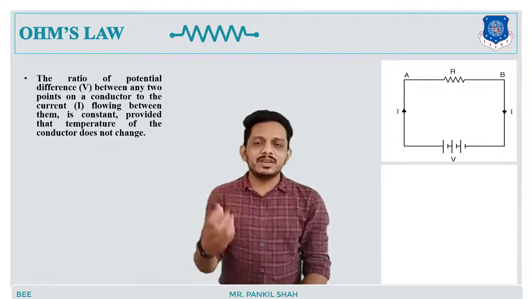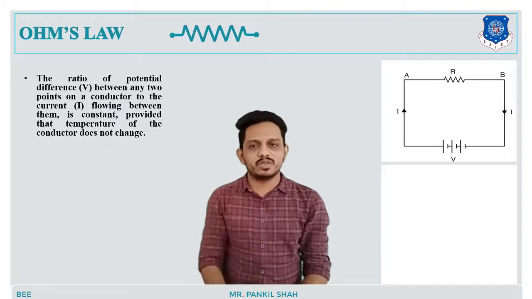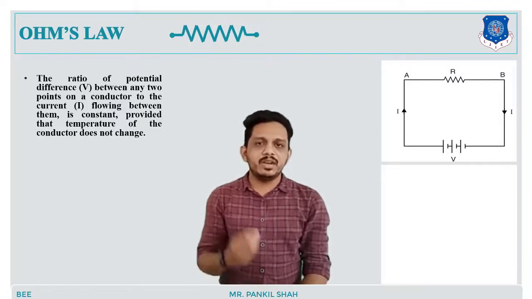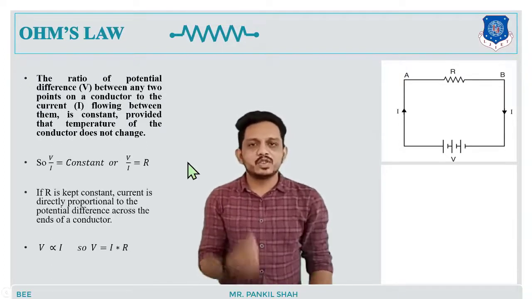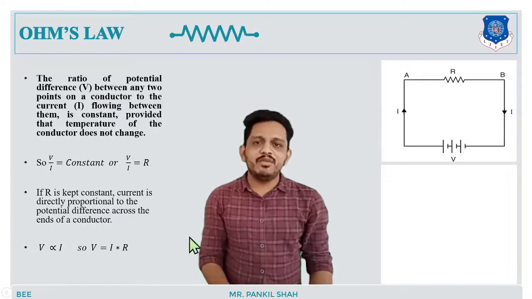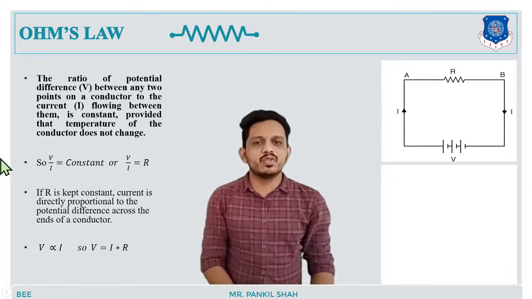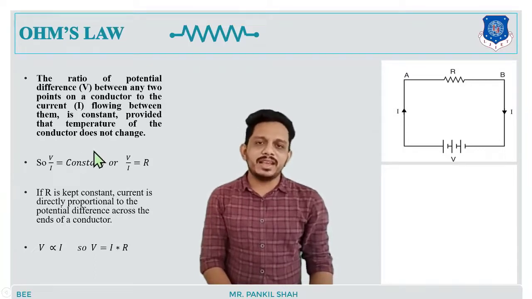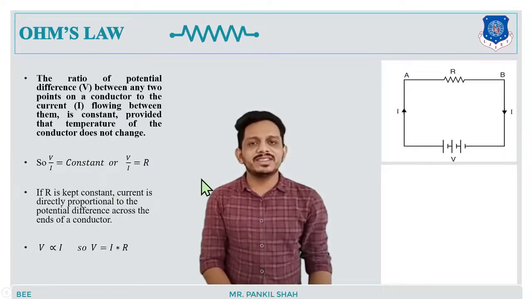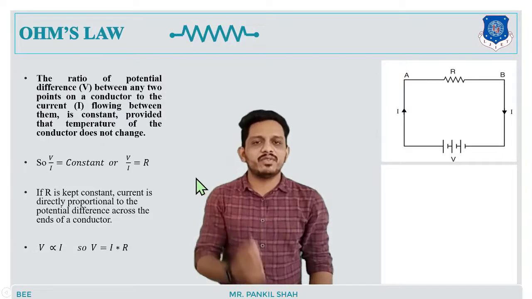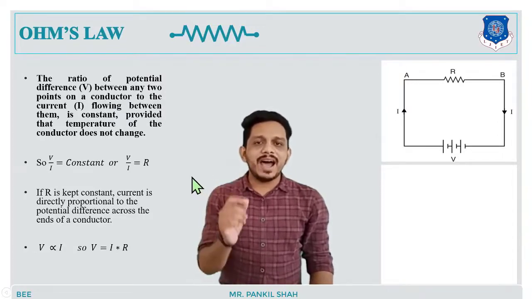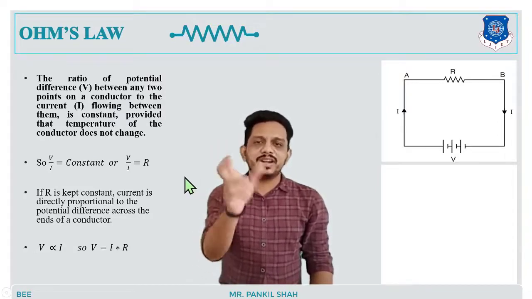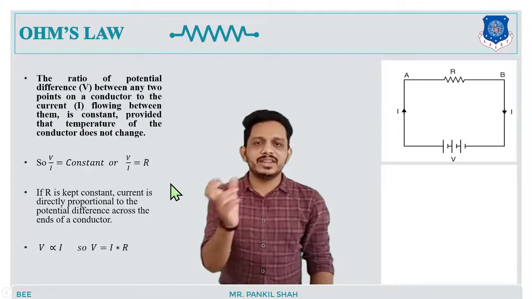This is the very basic statement of Ohm's law. Mathematically, V by I is equal to a constant, because V is the voltage and I is the current, and this constant is nothing but the resistance of our circuit. R is the resistance of that conductor and it is treated as constant.